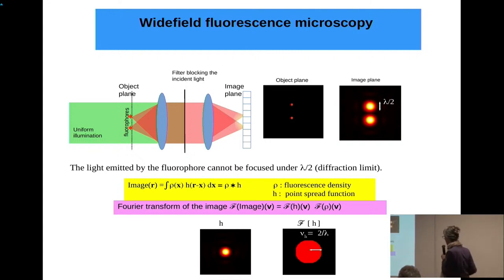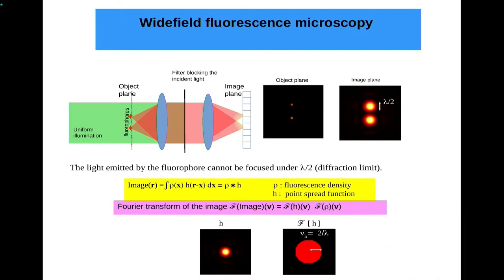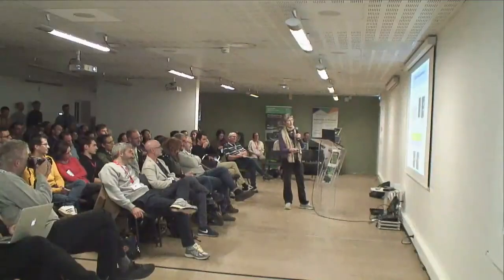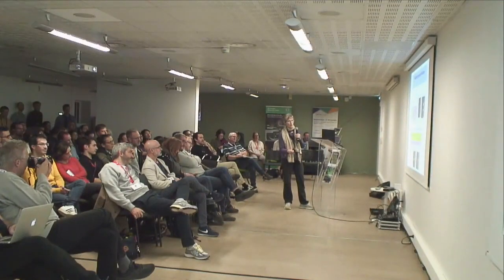So this is the important point. Whatever the system you use, the image that you get on a camera is always frequency limited to a frequency cutoff that I call nu h here, because h is what I call the point spread function, which is 2 over lambda.